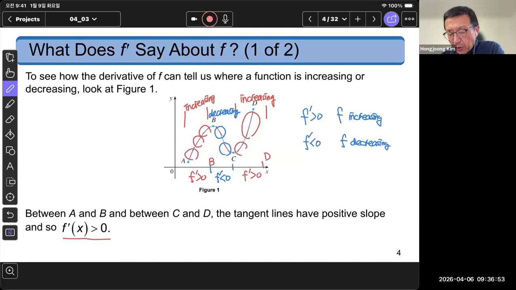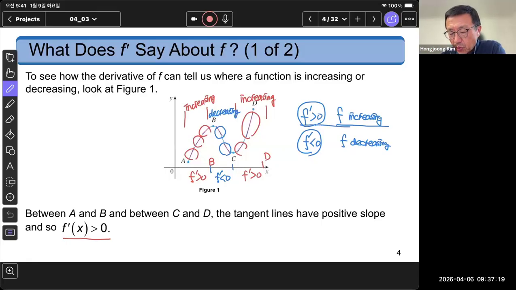Whenever you have a positive f prime, if the derivative of the function is positive, then the function at that point will be increasing. If we want to find the interval where the function is decreasing, you need to look at the derivative. If the derivative is negative on a certain interval, the function will be decreasing there.